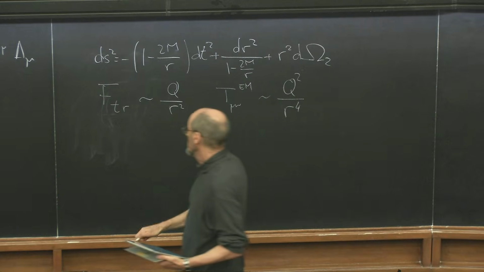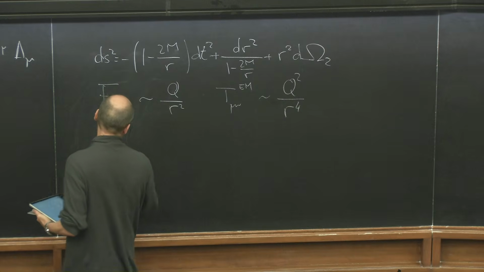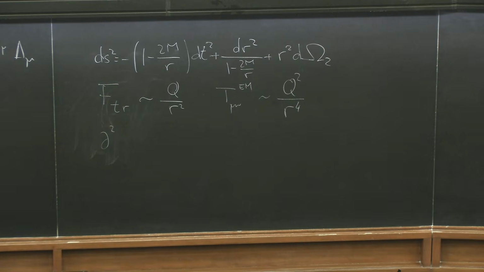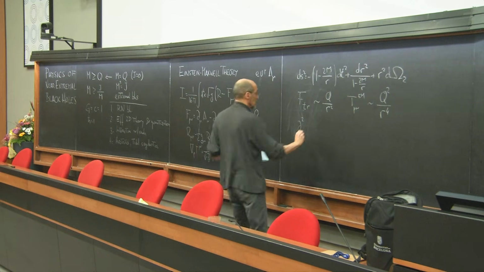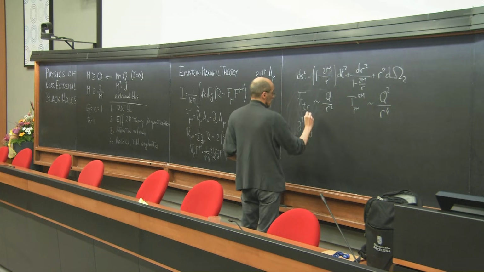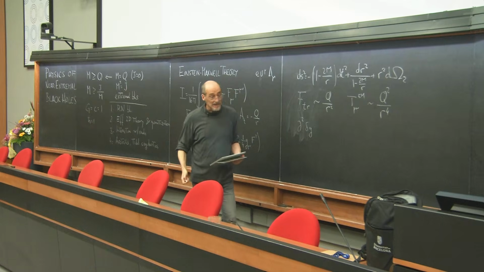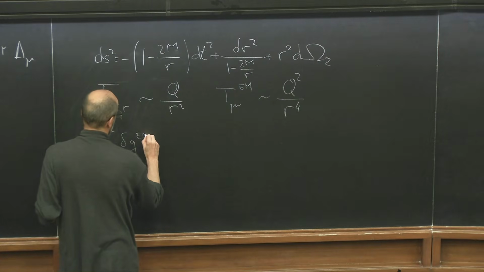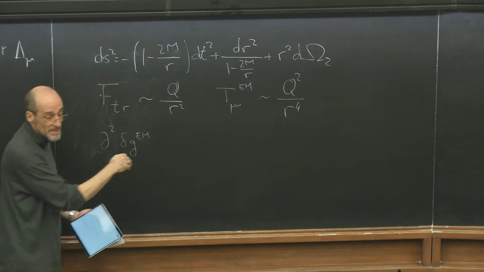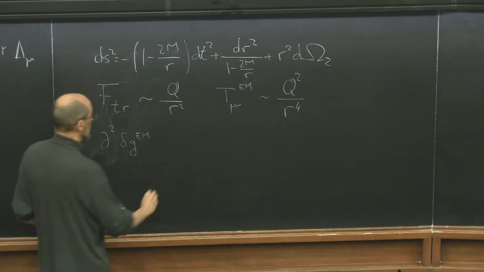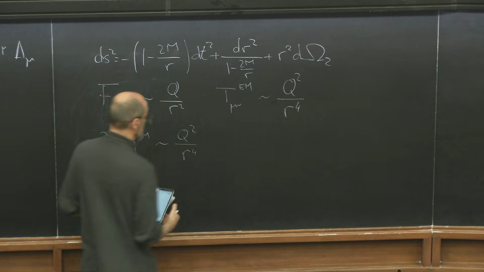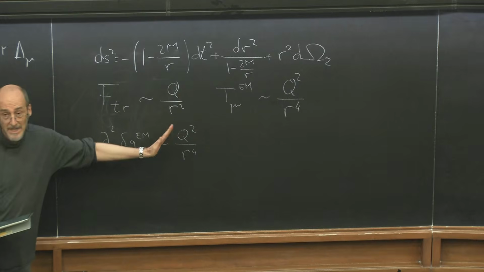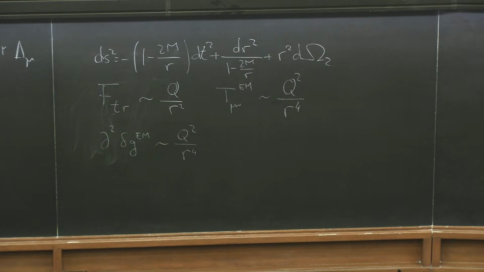Well, the Einstein equation tells you that these are second derivatives of the metric that you have here, and then you equate this with the stress tensor. So the correction to the metric coming from the electromagnetic field, I'm not putting indices here, I'm just getting an estimate, should be something like the stress tensor. Okay, so this is what the Einstein equation schematically would give us.